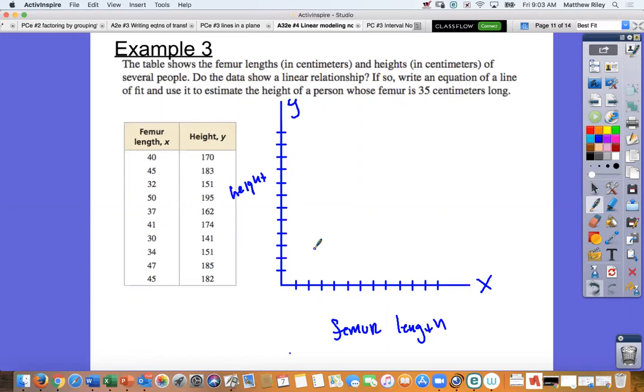Again, this is one of the skills that you need to have. Now, I want to show you guys something. Before you do anything else, after you've labeled your axes, go through and just look at these. It looks like my smallest one here is 32.